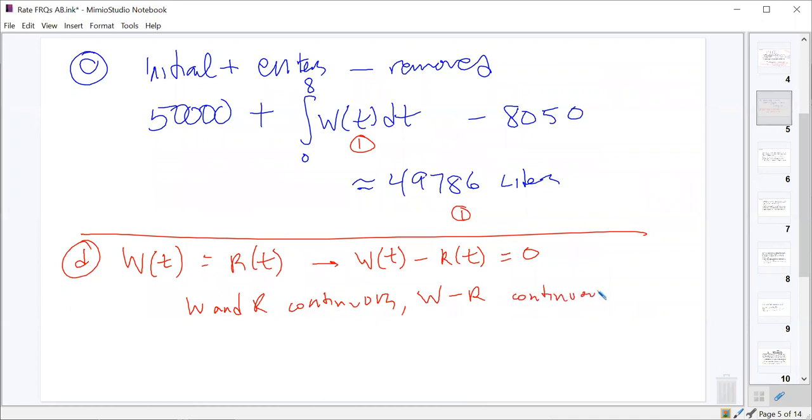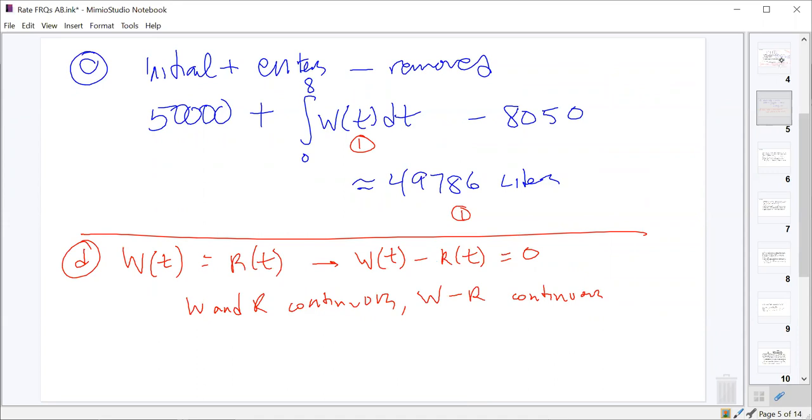And then if we were to use the intermediate value theorem, if we could find a time when W minus R is positive and a time where W minus R is negative, then we should be able to say by the intermediate value theorem, since it's a continuous function, there must be a place where W minus R was 0.